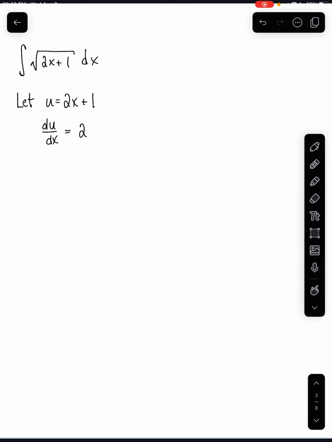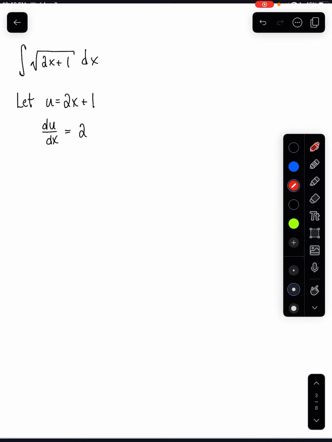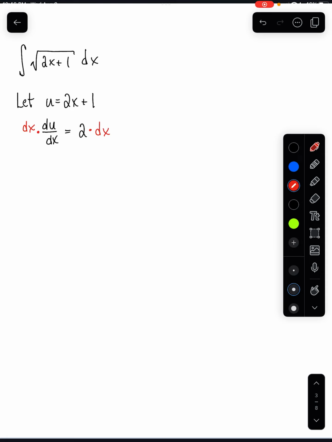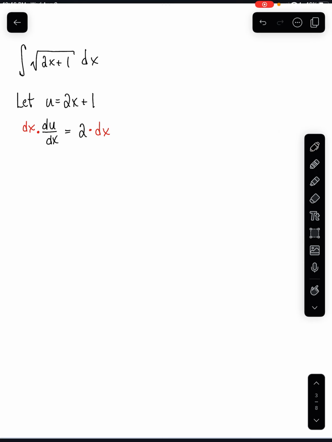Now, this step is going to happen every single time you do integration by substitution. You're always going to have to multiply both sides by dx here. That will happen every time because we need to get this statement into something that has just u on the left and just x on the right.